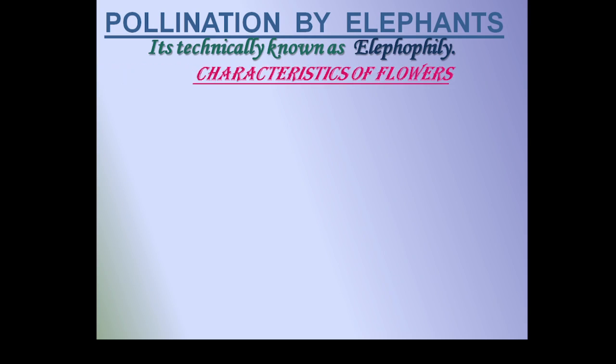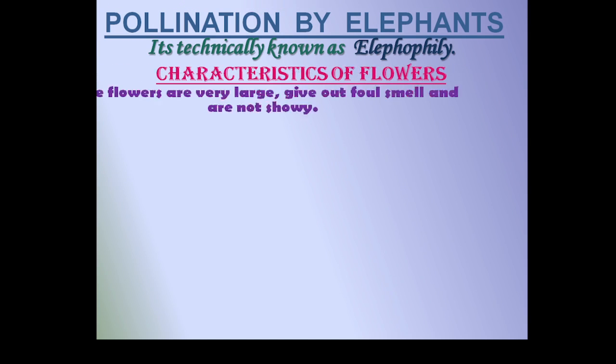But here, this is not the attractive one, but you can say unintentional pollination is taking place. In those cases also they are not thinking to pollinate, but by chance they are doing it, but they are getting attracted. But here, without getting attracted, they are getting pollinated. How? See it. So it is technically known as elephophily.